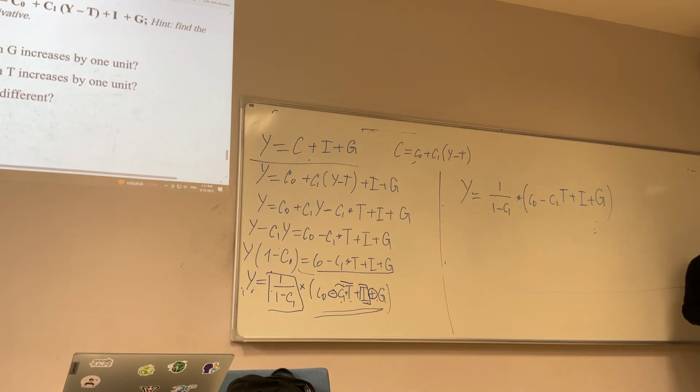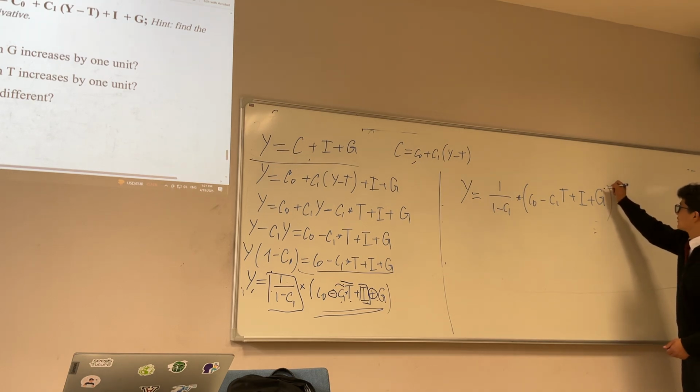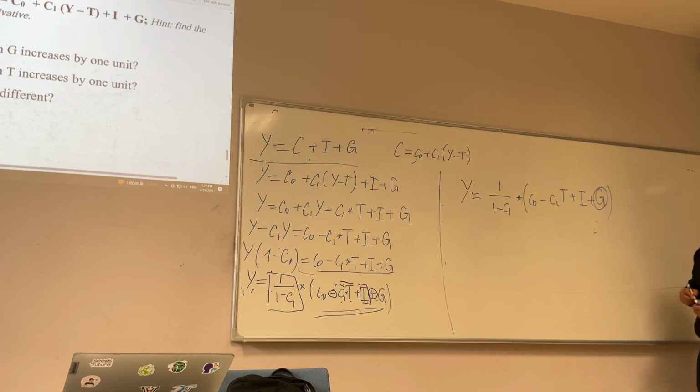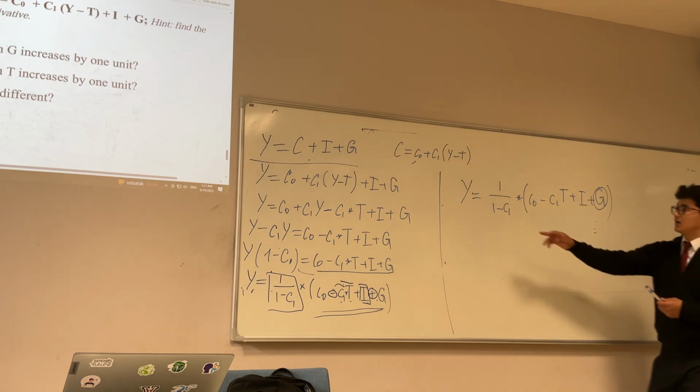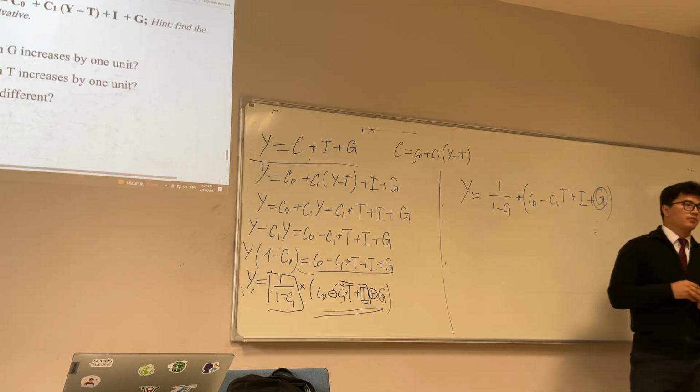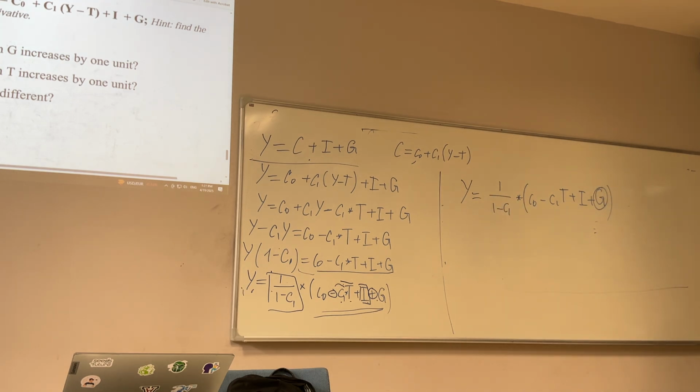So guys, they're telling us that our government spending is increased by 1 unit. It's just a unit, we don't know if it's millions or thousands. So it's just increasing by 1 unit. Like we saw in the previous question, our government spending was increased by $100 and it resulted in an increase in our total consumption by 1,000, right?